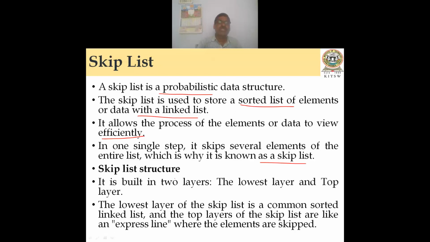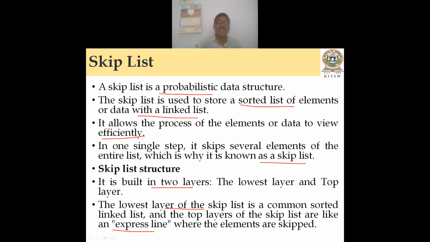The skip list generally follows a two layer structure, the lowest layer and the top layer. The lowest layer of the skip list is a common sorted linked list, and the top layer is like an express line where the elements are skipped.